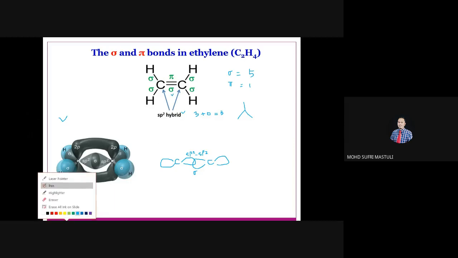About pi, you can draw the pi component, this one. The px is sigma, and py is also to form pi.